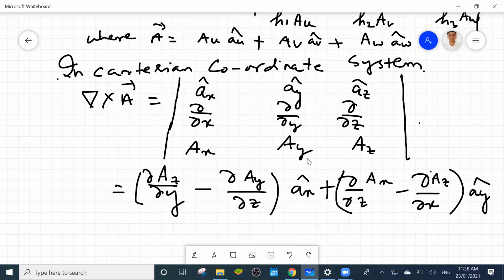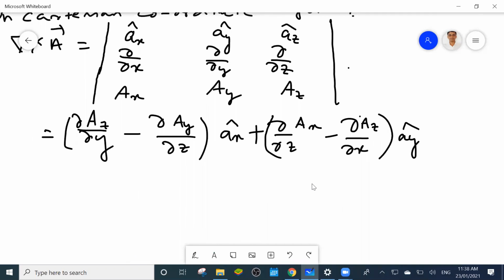Next, what will be the third? Anyone who can say what the third one is? Look, the third one: A_z, so this into this, because this is plus already.